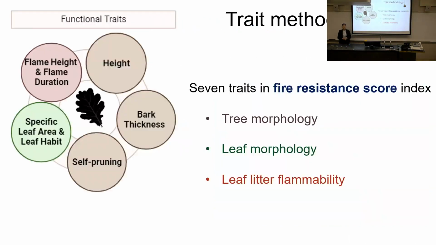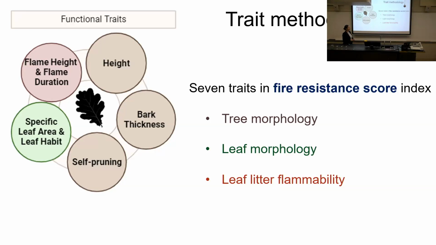So now moving into the traits that we ended up selecting, our trait methodology. We selected 7 traits that related to the overall fire resistance score index that we created for this study. These traits were selected based on previous studies, specifically one by Stevens et al. 2020 that was done using Western conifer species, as well as research in the literature review, to select the following traits.